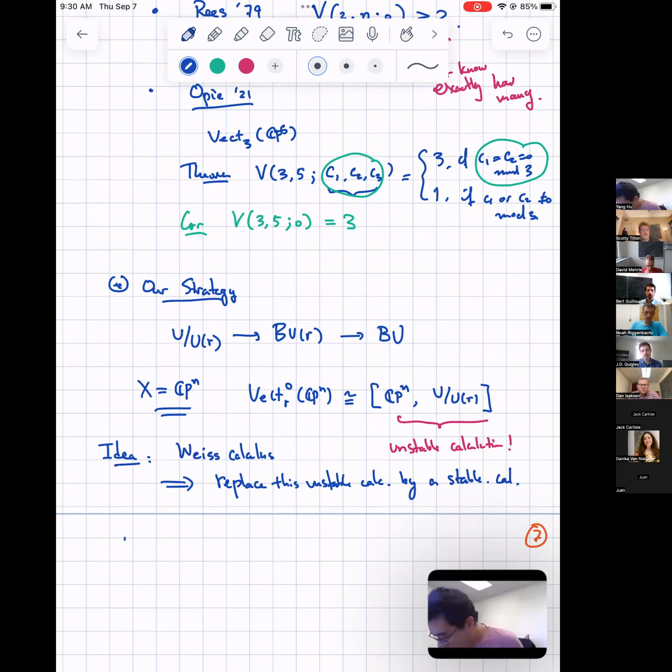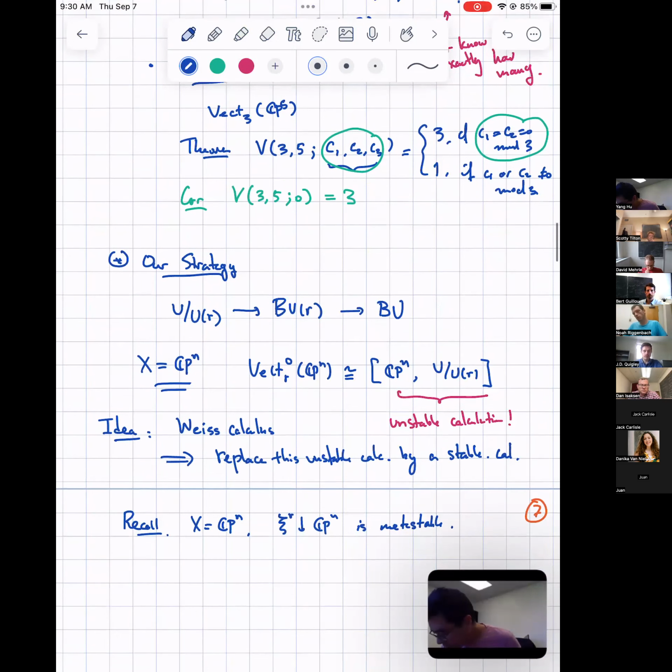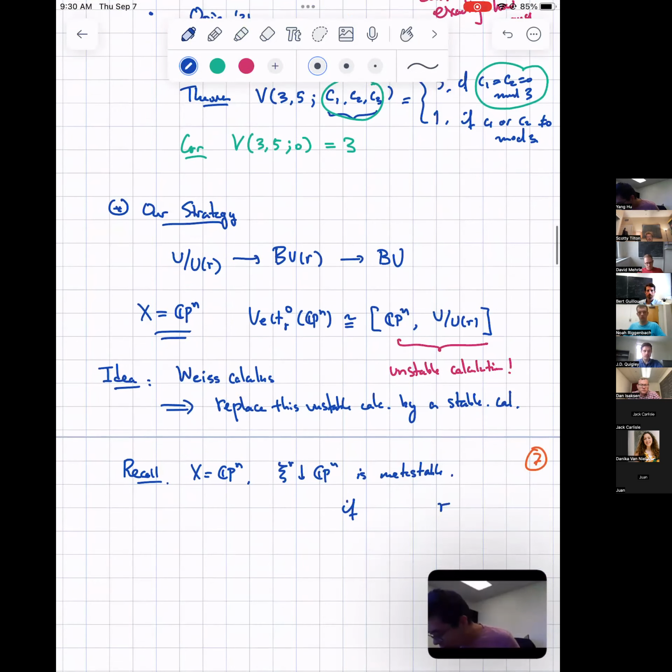So let's recall that for X equals CPN, a rank R bundle is metastable if the rank R is strictly smaller than n, but no less than half of n, right? So it's still stable, but not super stable. It's still unstable, but not super unstable.